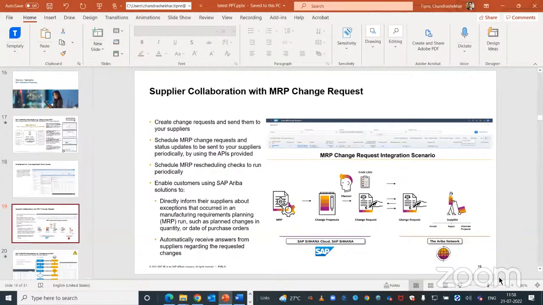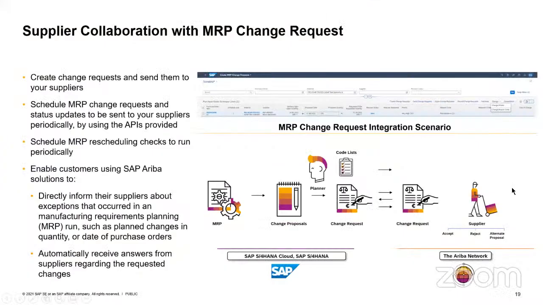We also see one very useful feature which got added into the portfolio of material requirement planning, that is the MRP change request. An MRP change request is typically a situation where you have certain preponement, postponement or cancellation from the customer side, and your entire supply chain is required to make certain corrections in your procurement planning.